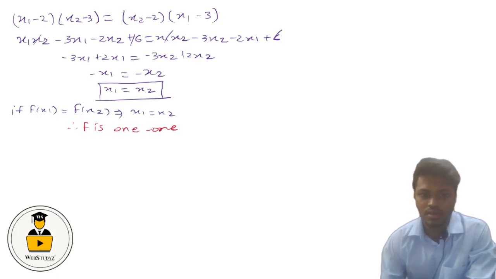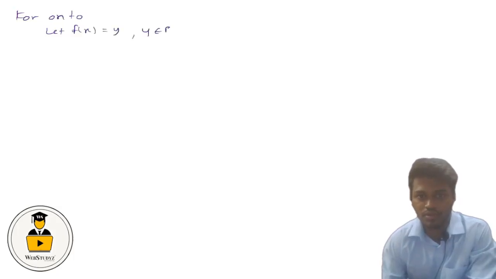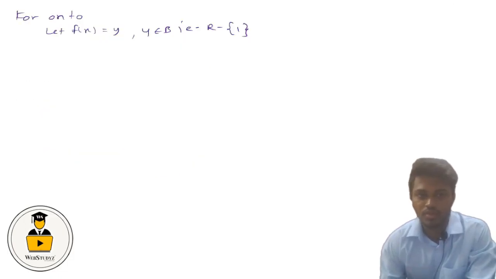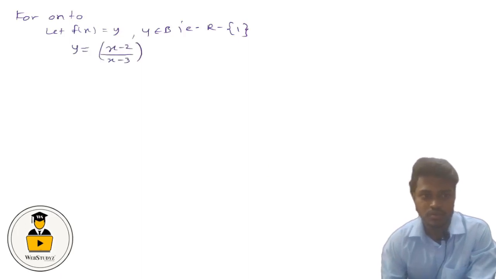Now we can check the condition for an onto function. For onto, we assume that f of x is equal to y such that y belongs to B, that is, B is nothing but the real numbers except 1. So y will be equal to x minus 2 upon x minus 3.